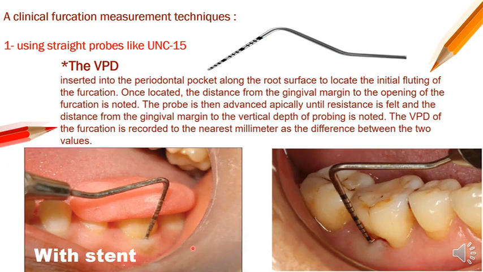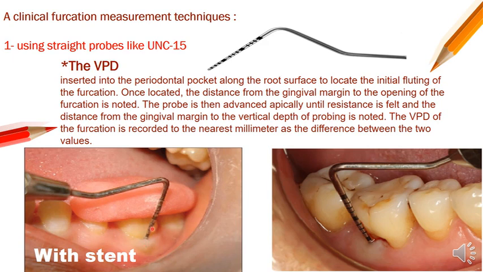Measurement techniques. Use straight probes like the UNC probe to detect the vertical pocket depth. Here the probe is inserted into the periodontal pocket along the root surface to locate the initial fluting of the furcation. Once it's detected, the distance from the gingival margin to the opening of the furcation is noted.